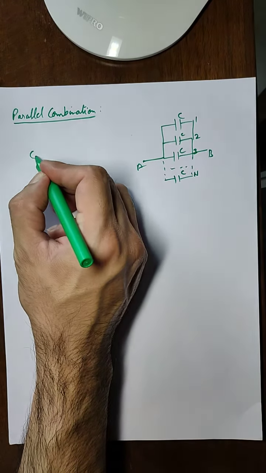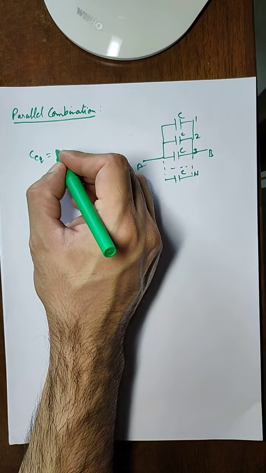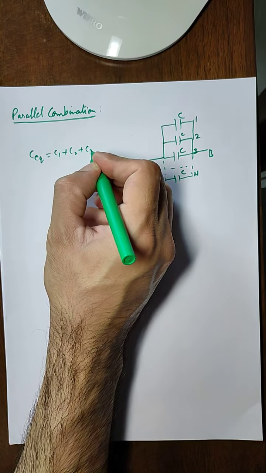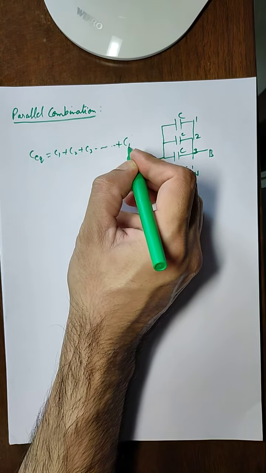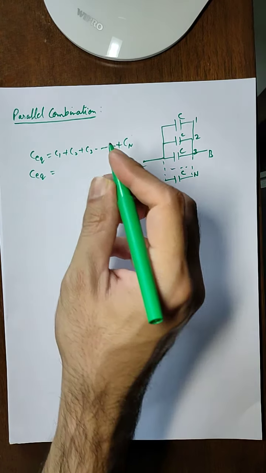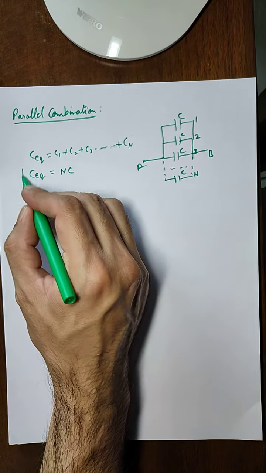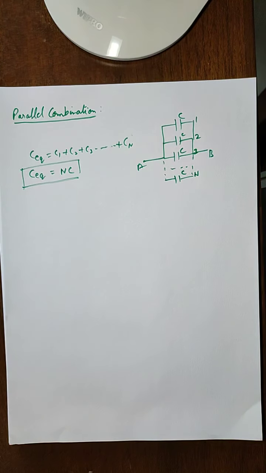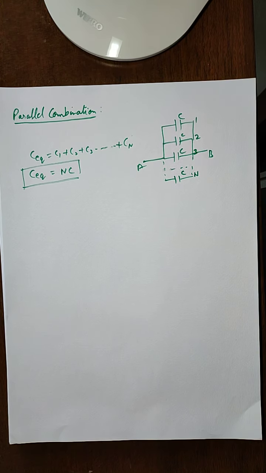Then by using the general formula, we can see that the equivalent capacitance will be equal to nC. So this will be the equivalent capacitance when n identical capacitors are connected in parallel with each other.